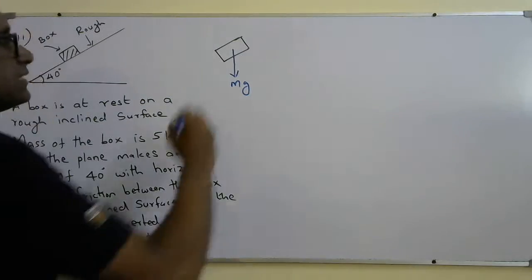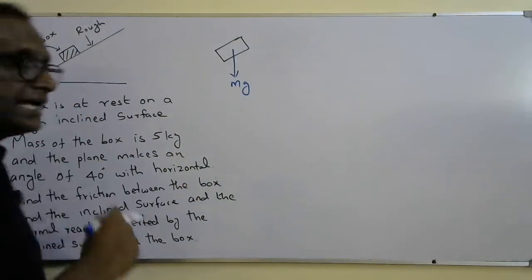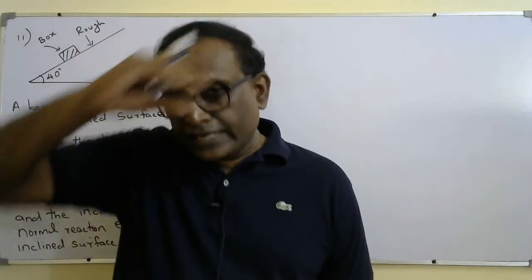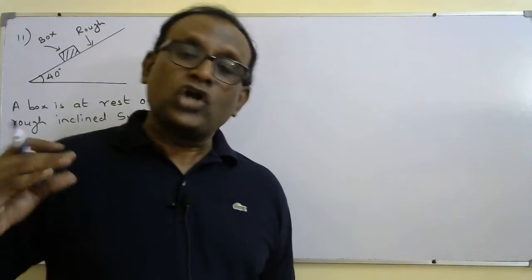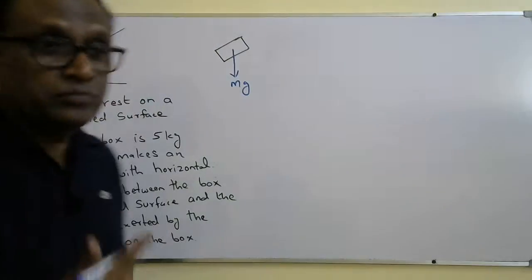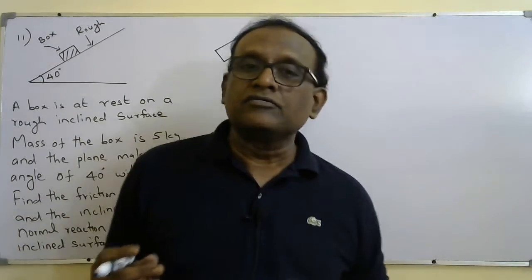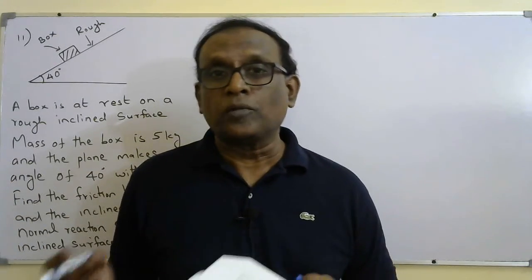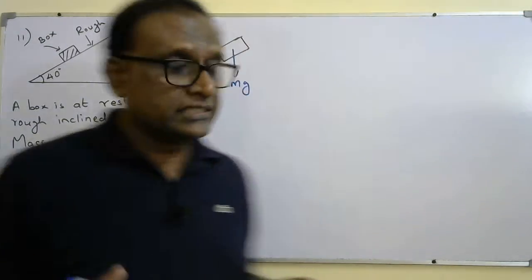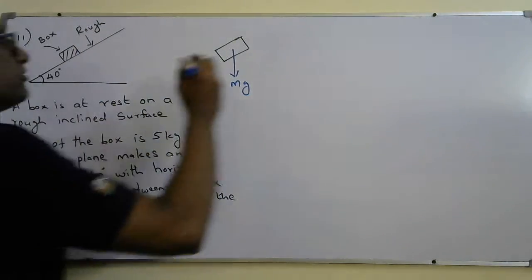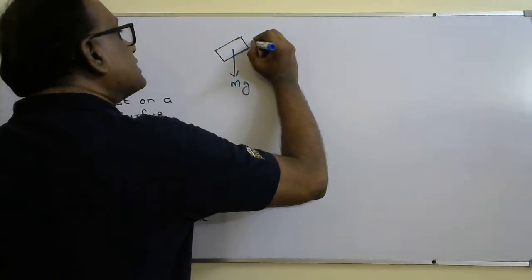There will be a friction acting opposite. The box has the tendency of slipping down, so the friction will oppose the possible motion. It's not moving, but friction means the force that opposes the motion or the intention of motion. So it has intention of slipping down, so the friction will act up the plane.